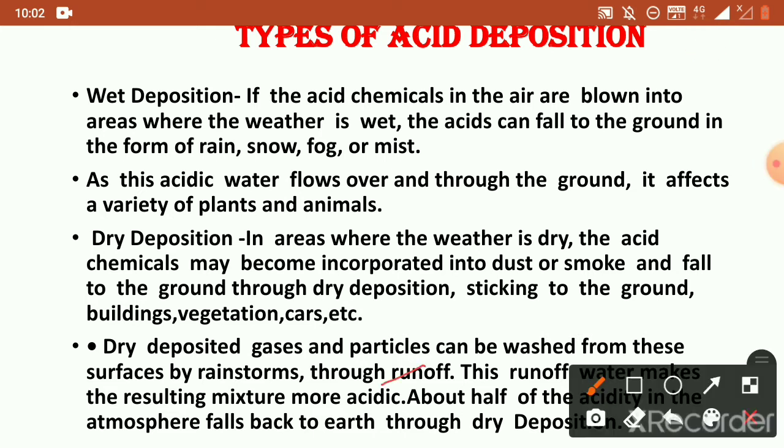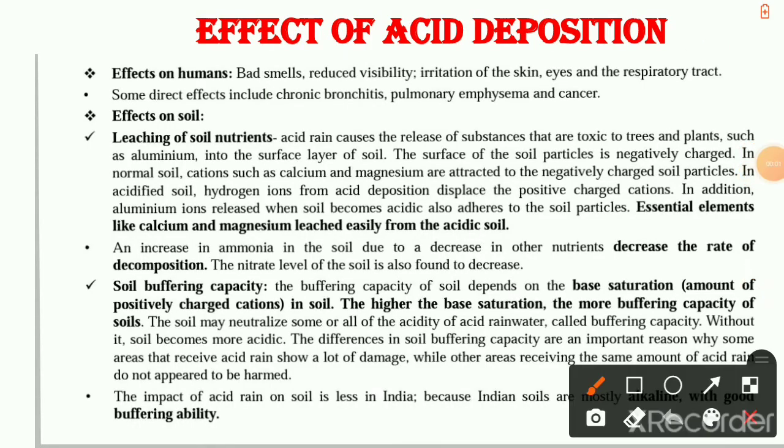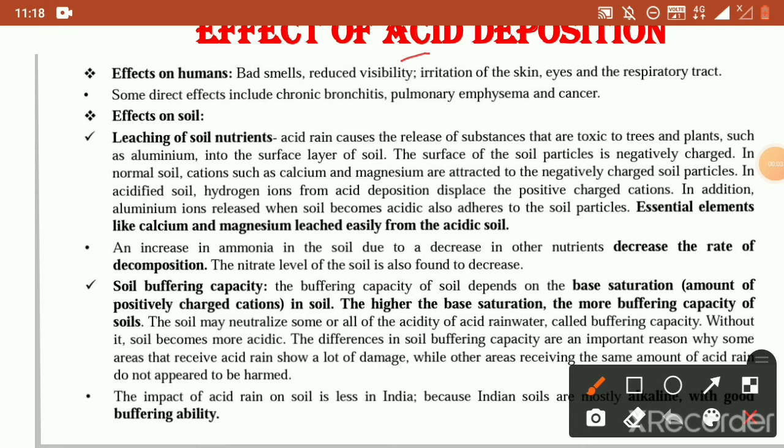This runoff water makes the resulting mixture more acidic. One important point to remember is that about half of the acidity in the atmosphere falls back to the earth through dry deposition.